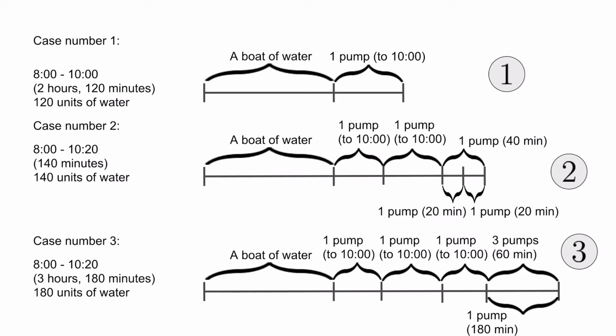Now take your focus to the left. We know that 1 unit of water goes into the ship every minute. In the first case, there are 120 minutes, so there are 120 units of water. In the second case, there are 140 units of water, and in the third case, there are 180 units.